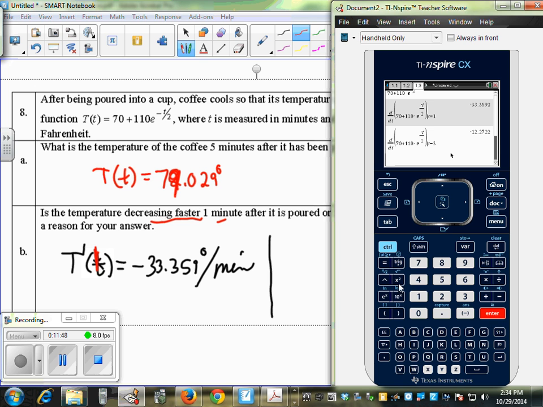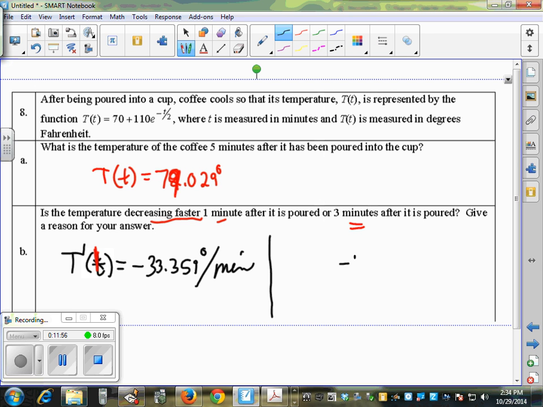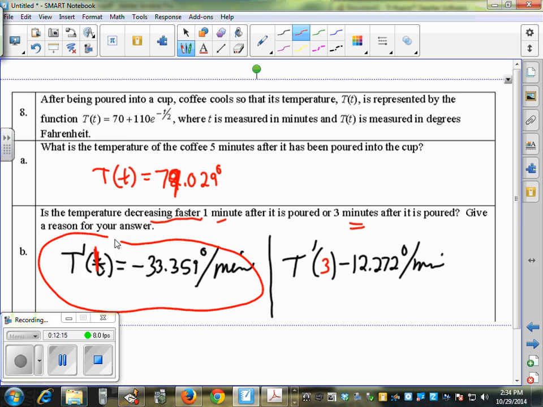And it's decreasing 12.272 degrees per minute. And that was at 3 minutes. So since this number has a higher absolute value than this one, we know that the temperature is decreasing faster here.